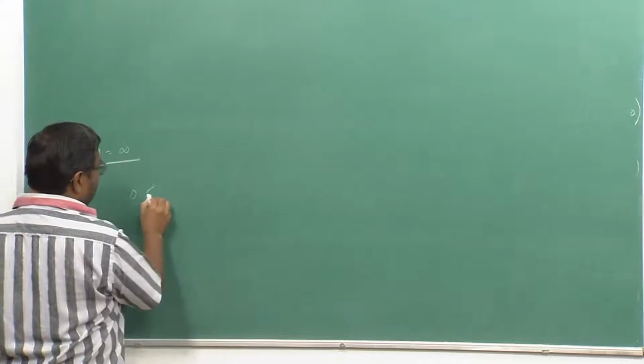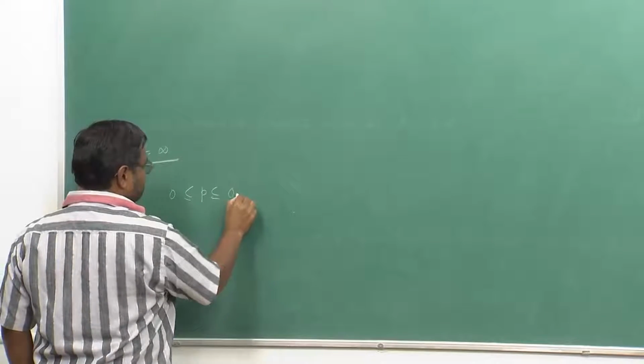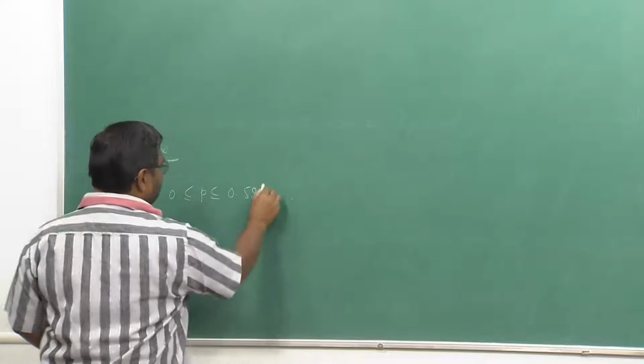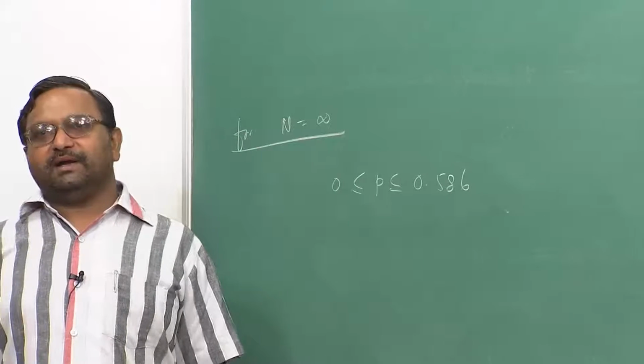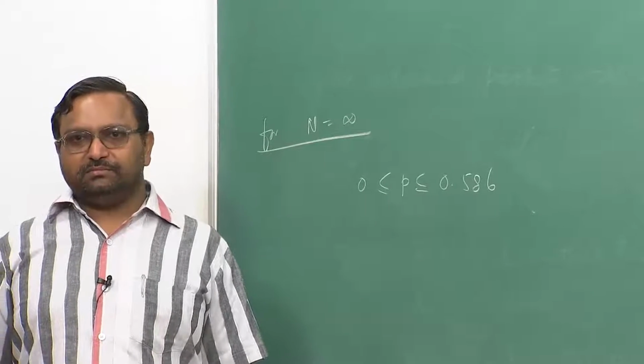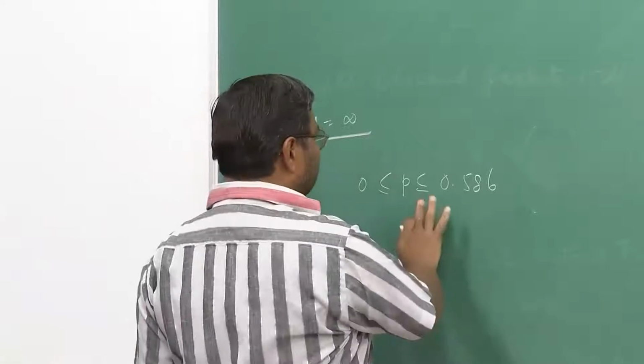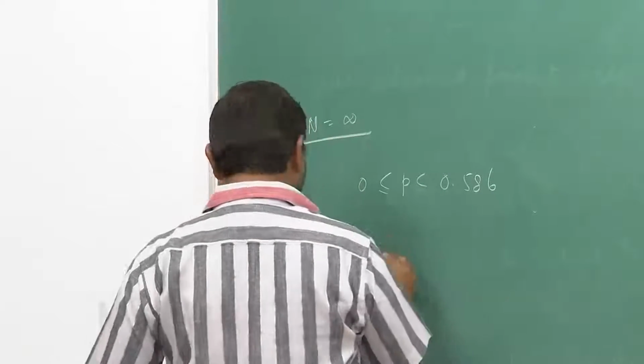So, when your probability P is 0.586, the switch is not operating in saturation. It will just reach saturation; this is operating normally.